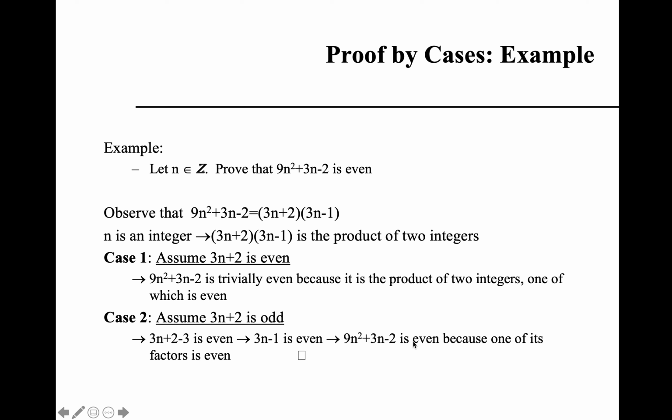Again, because one of the factors is even, you've broken it down and proved the second case to be true as well. So again, proof by cases is a situation where you take each case, work off of it separately, and then define that the statement is true based on the fact that all cases are true.